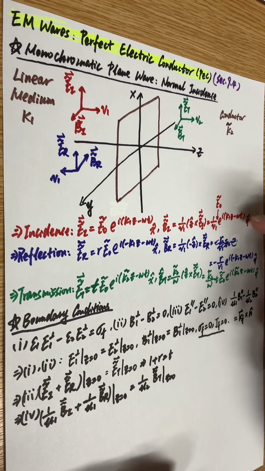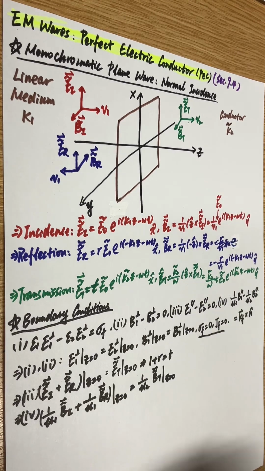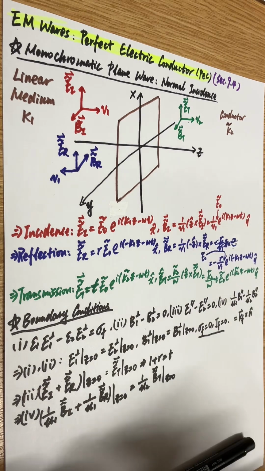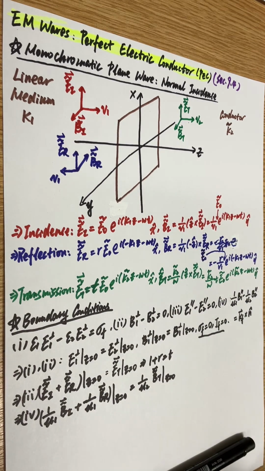When we have z equal to 0, these propagation functions can be cancelled because omega t is equal to each other anyway. E0 is also cancelled.